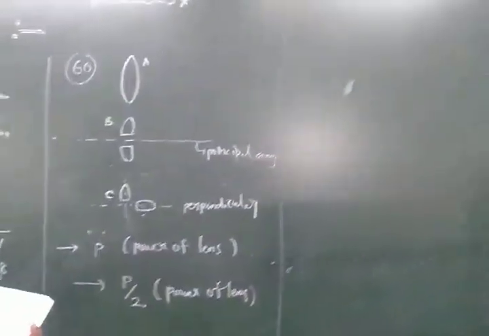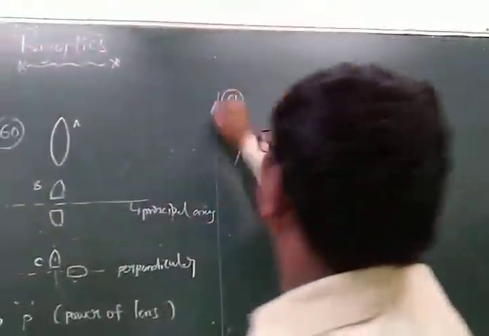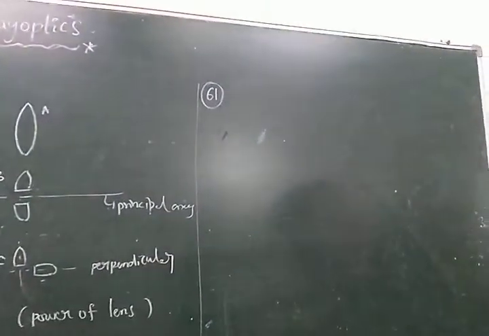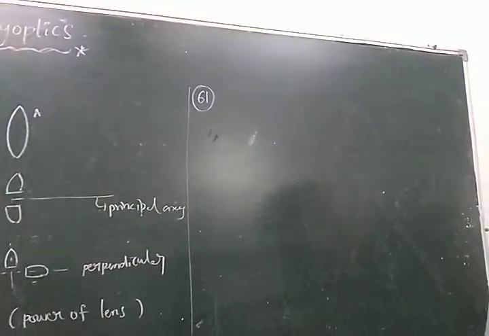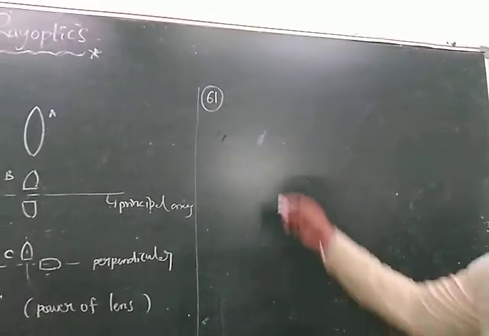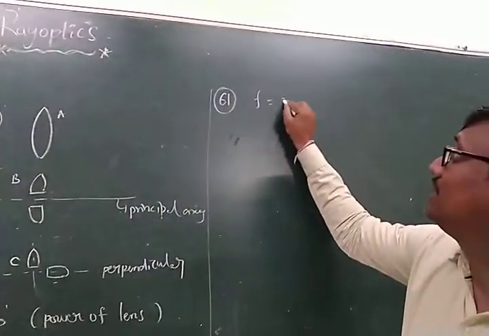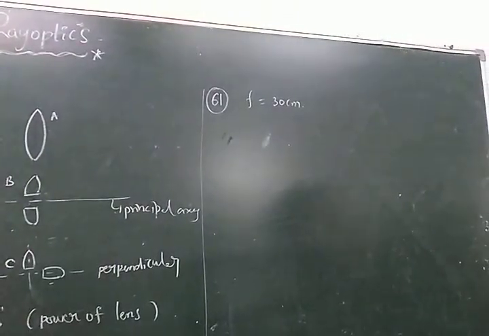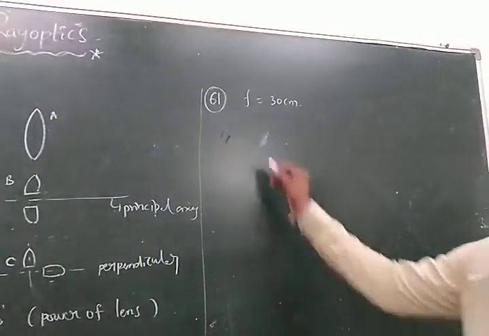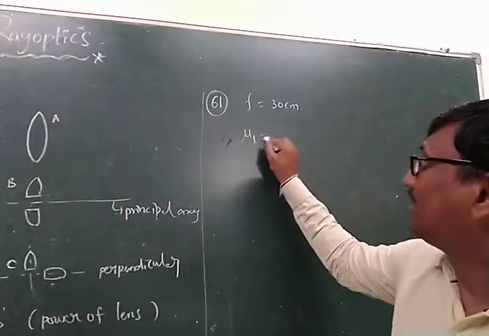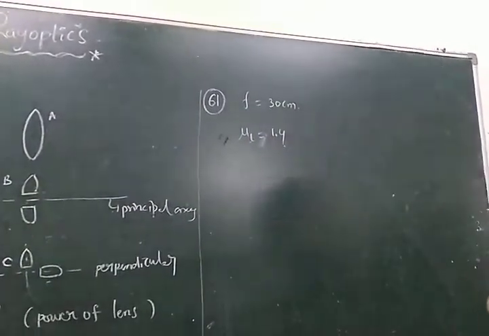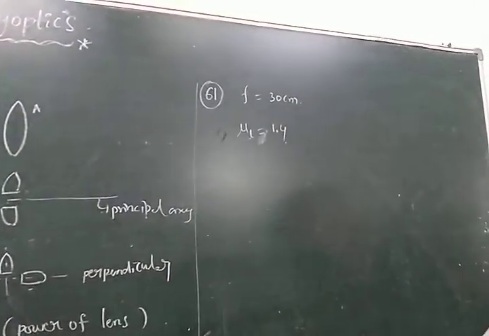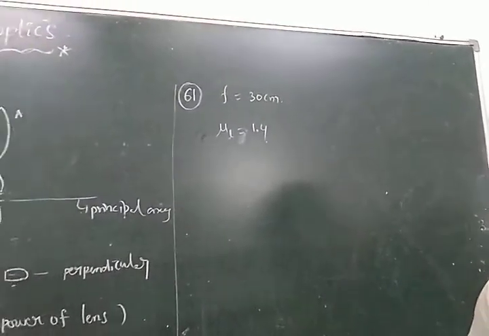Next, see question 61. A double convex lens of focal length 30 centimeters is made of glass. The focal length F is given as 30 centimeters. When it is immersed in a liquid with refractive index 1.4, the focal length will be 12 centimeters.